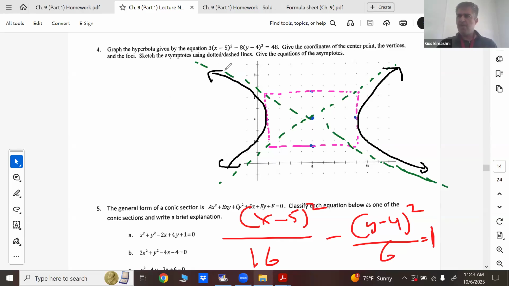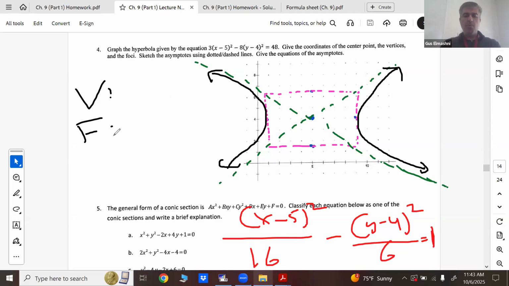That makes sense, the graph? Yeah, okay, cool. So again, find the center, figure out A and B, go up, down, left, right appropriately, draw your rectangle, draw your diagonals, draw the curve. Make sure you open it correctly, left, right, not up, down, because x is positive. Okay, V, F, and asymptotes.